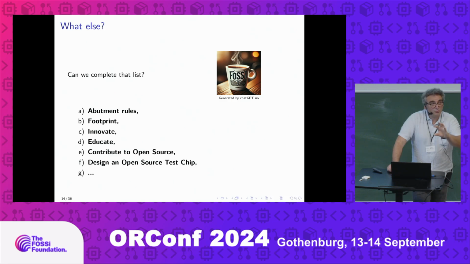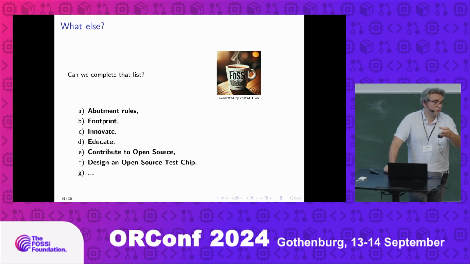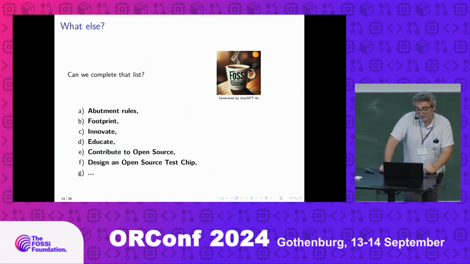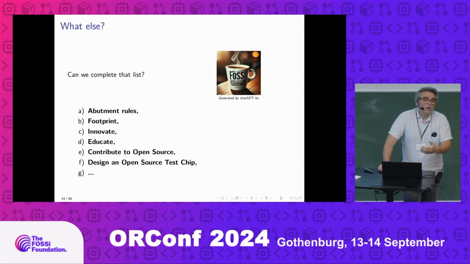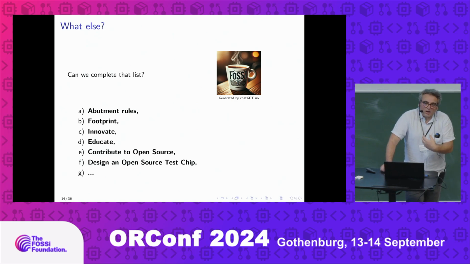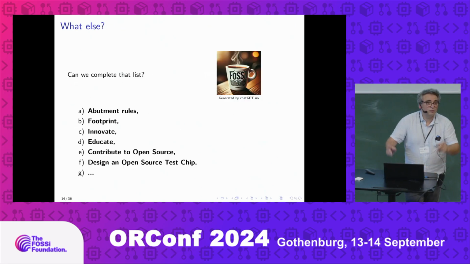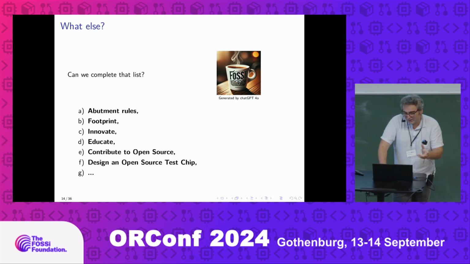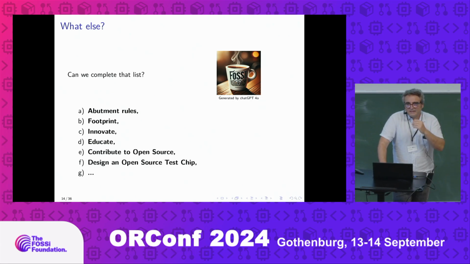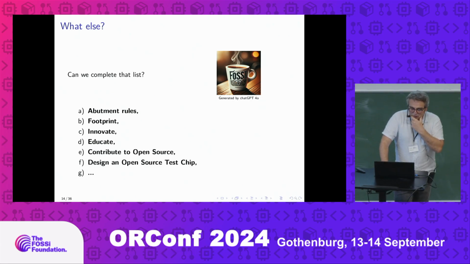Another point is the footprint, which is very important for the quality of the routing. Also, I believe there is still room for innovation. It's very important to consider education too, which is not really the case as far as standard cell libraries are concerned.